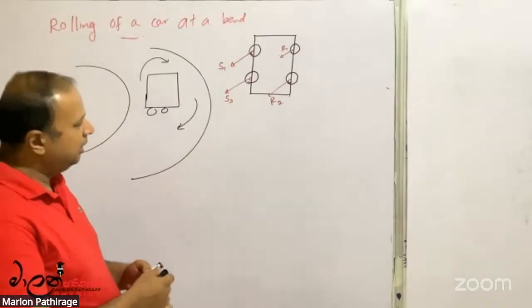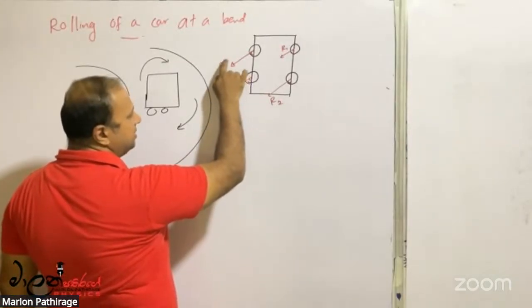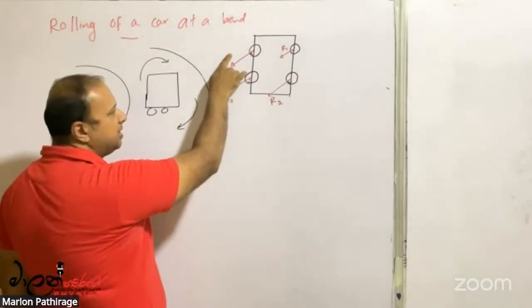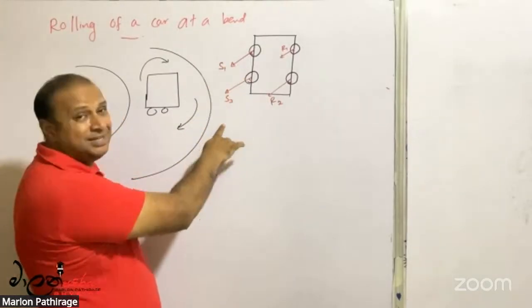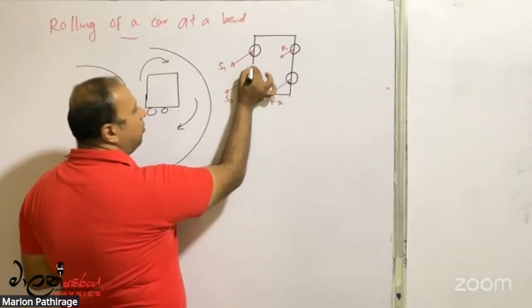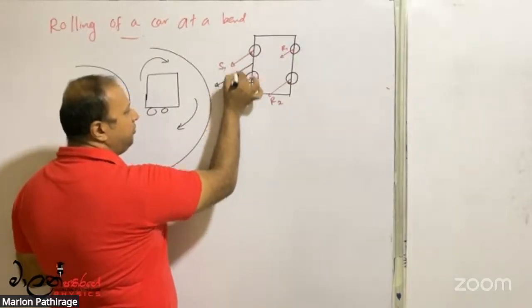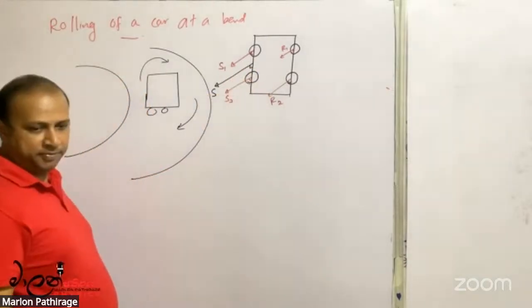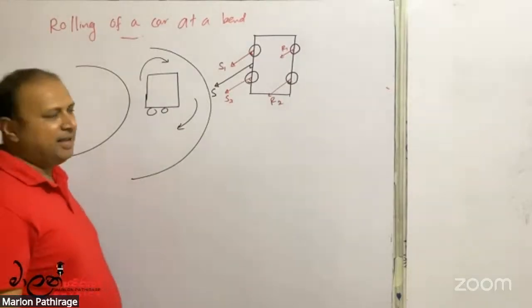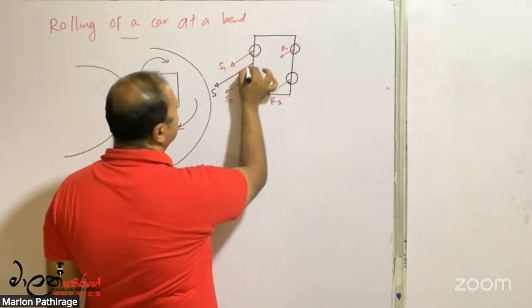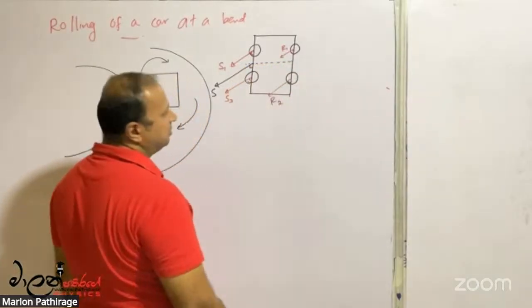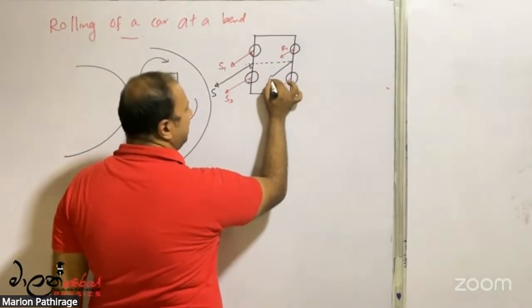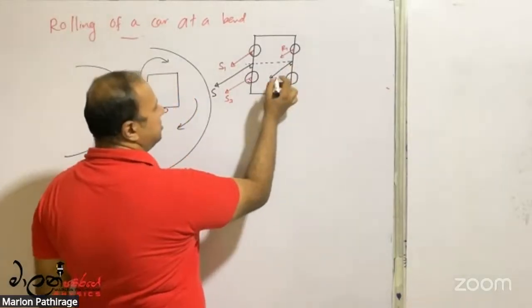Then I can consider the resultant normal reaction. The resultant normal reaction of S1 and S2 is capital S, and definitely it should go in between them, in this direction, perpendicular. Next, I can take the resultant force of R1 and R2 as R, and it is in this direction.